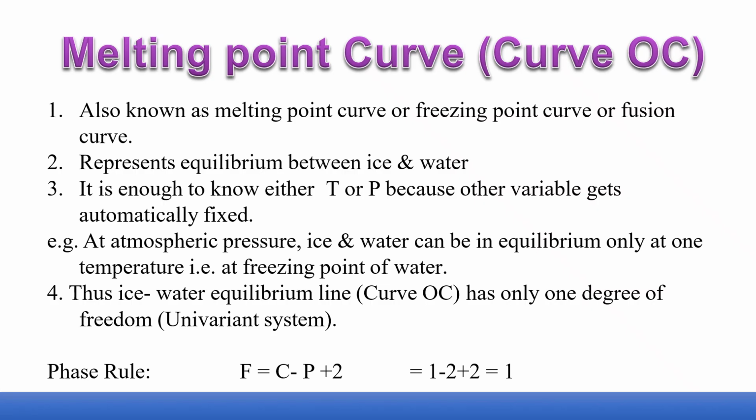It represents the equilibrium between ice and water. It's enough to know either temperature or pressure because the other variable gets automatically fixed. At atmospheric pressure, ice and water can be in equilibrium only at one temperature, that is the freezing point of water. Thus, the ice-water equilibrium line, curve OC, has only 1 degree of freedom.